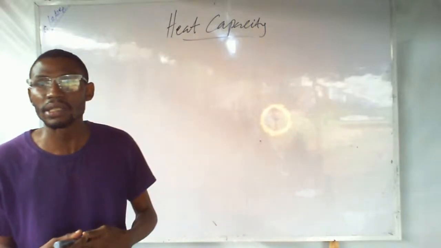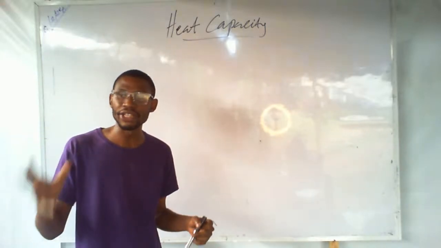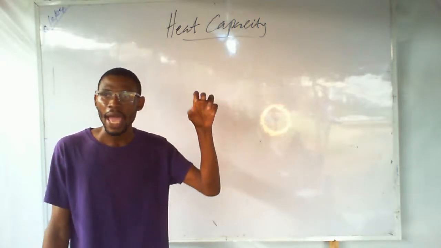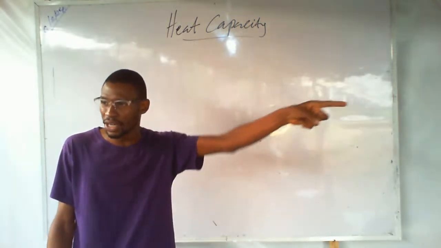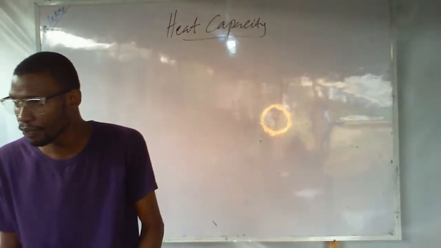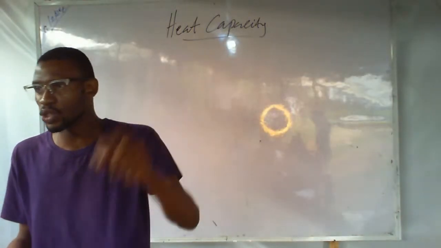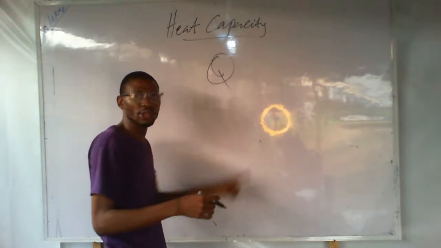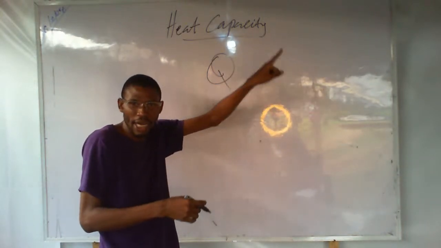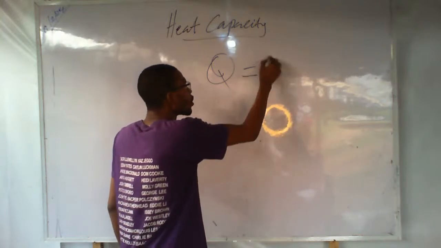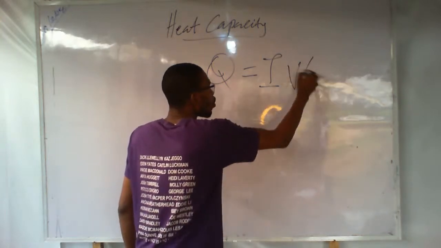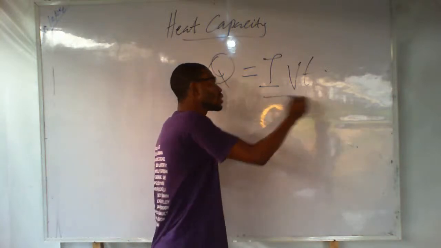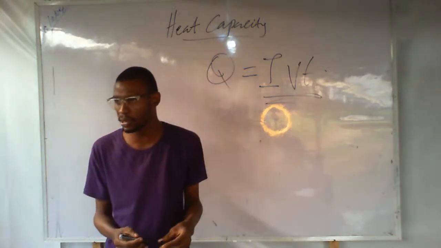Electrical energy is the energy used in the form of electricity to do work. So if you are going to explain that, we will say that the quantity of heat produced by a material using electricity will be the current multiplied by the what? By the time. True or false? This is the work done by the material.